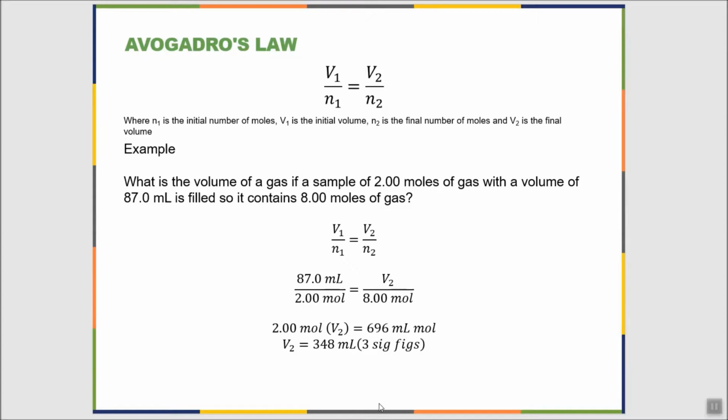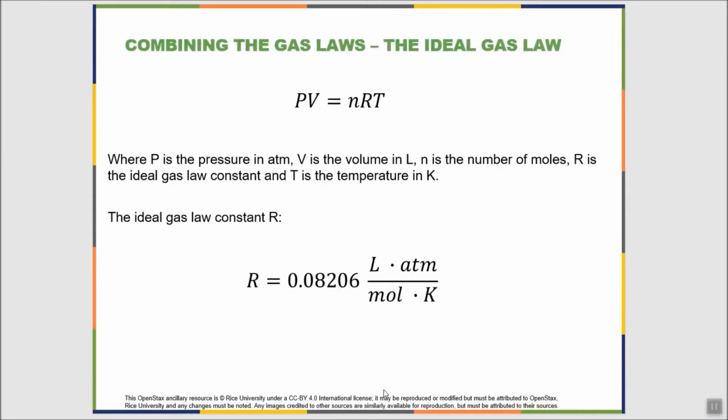So now we can combine all of these terms. And when we combine all these terms, we come up with what is called the ideal gas law, which is all the variables in one equation. So here we have PV equals nRT. Pressure times volume equals n, the number of moles, R, the ideal gas law constant, times the temperature.